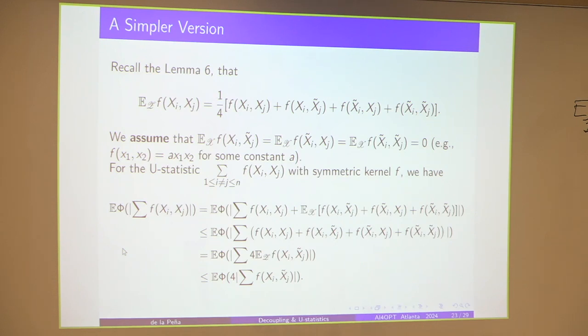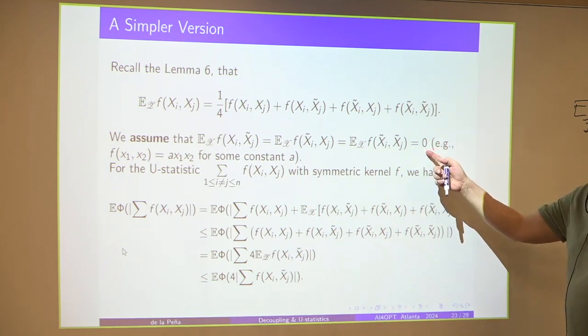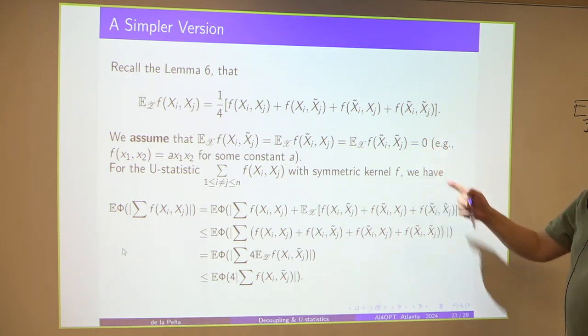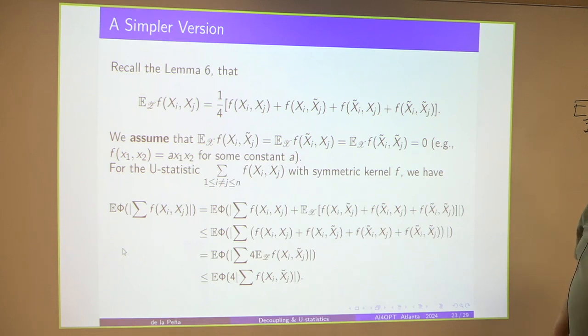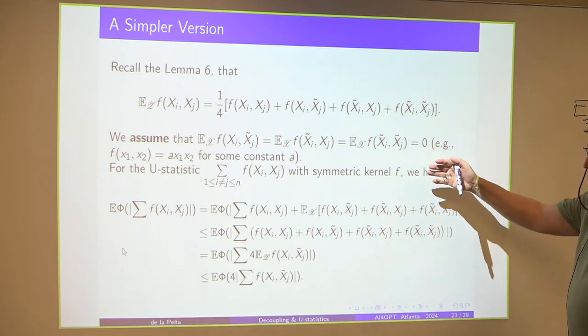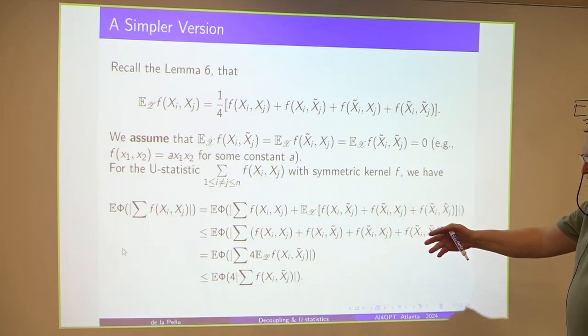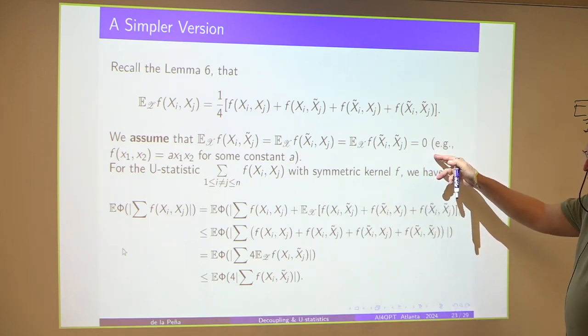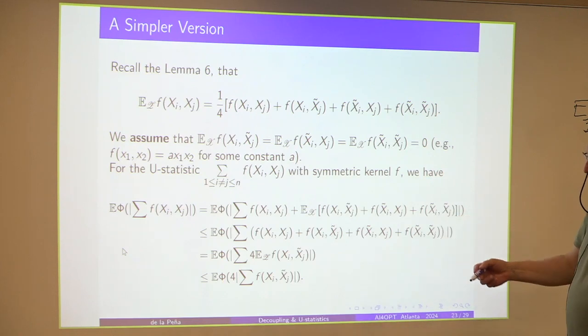So you have all possibilities of xi and xj. If you assume that the functions have mean zero, that they are degenerate, which is the case on quadratic forms of independent mean zero variables, then the proof is fairly simple, and the constant is 4 under that assumption. So let me show you how that works.